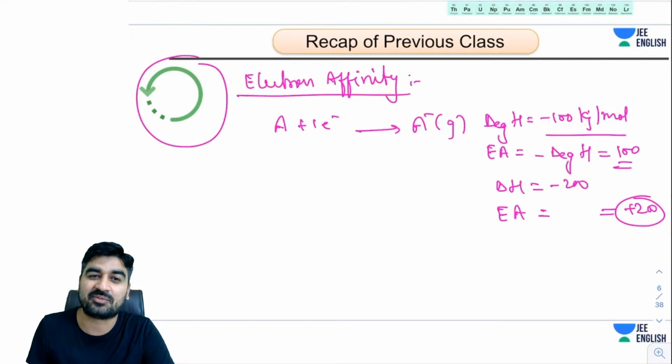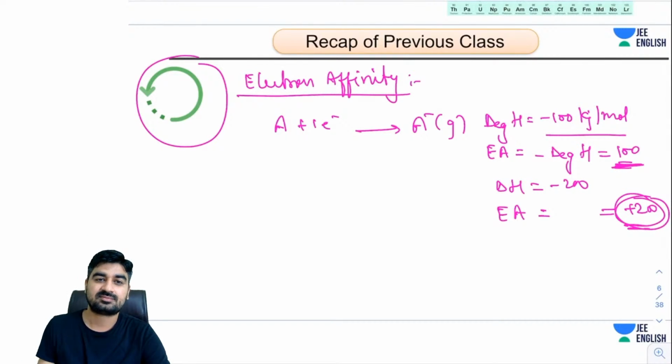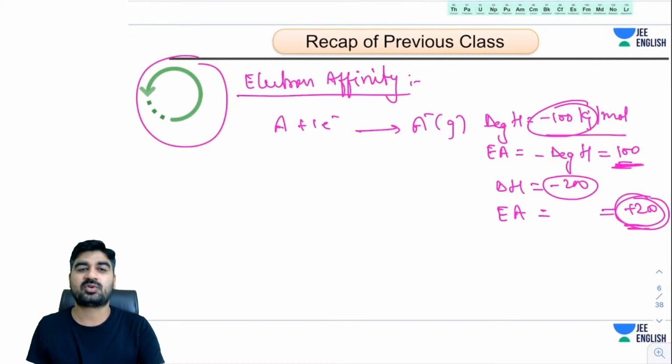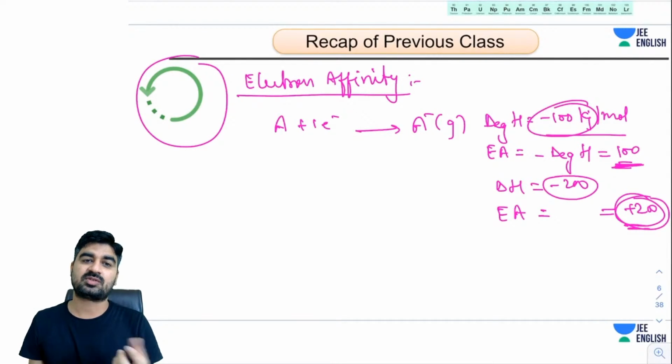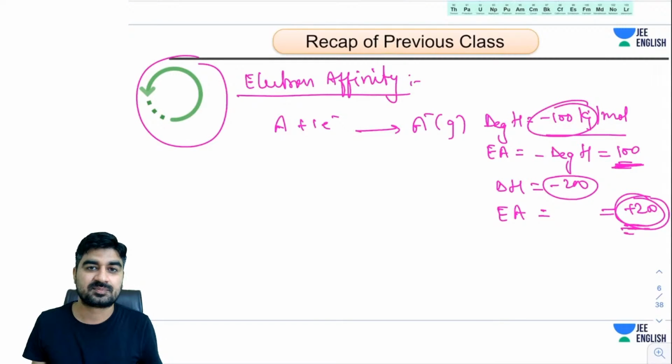So here affinity is more means attraction is more, and here attraction is less. Because it is confusing: minus 100 or minus 200, if you take it with sign, which one is larger? Minus 100. Without sign, 200 is larger. To avoid that misconception, we have taken it.